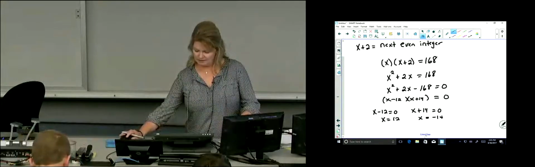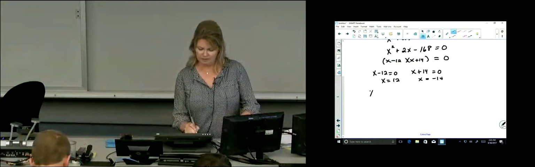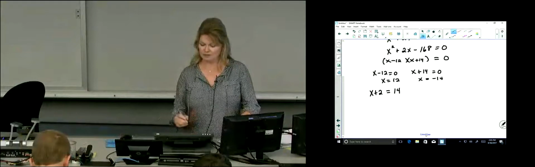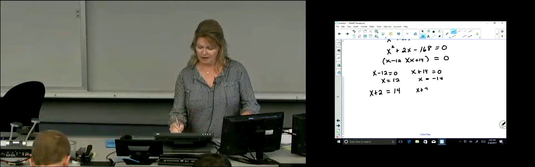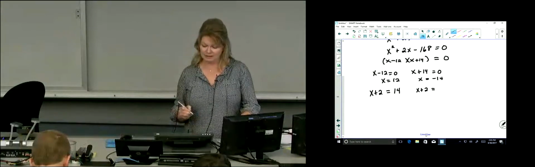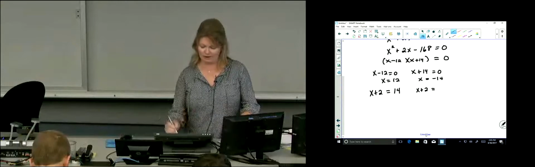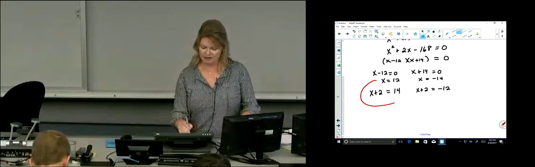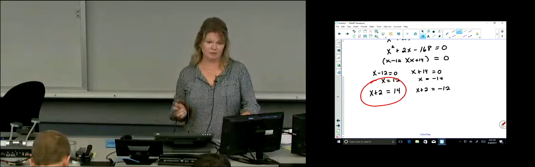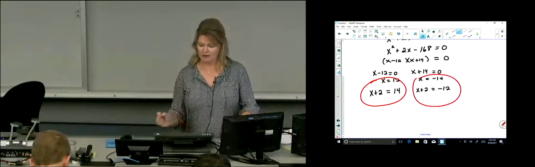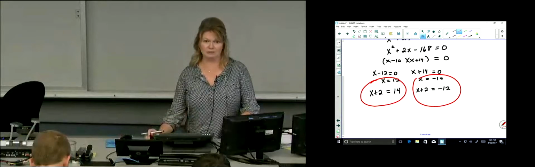So if x is 12, then to find the next one, I add 2. That would give me 14. And if x is negative 14, I add 2, and that gives me negative 12. So I actually have the grouping of 12 and 14, and negative 14 and negative 12.